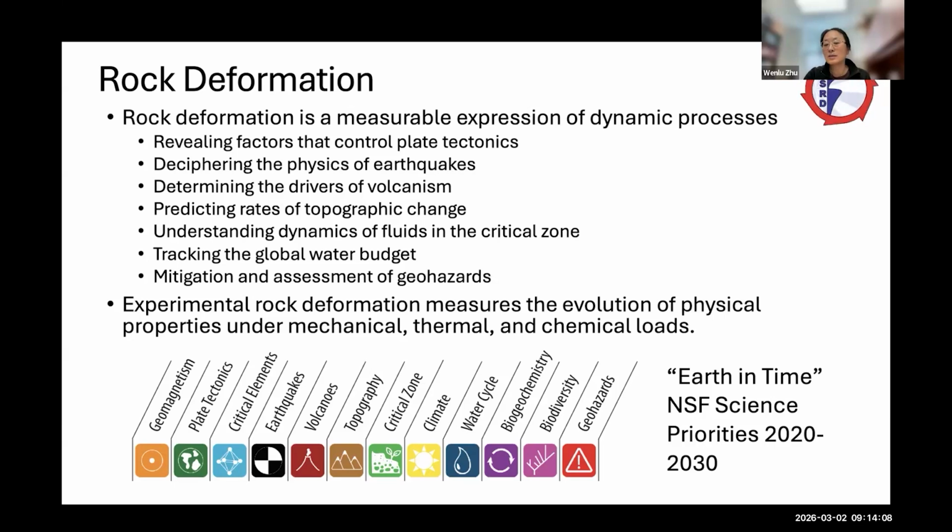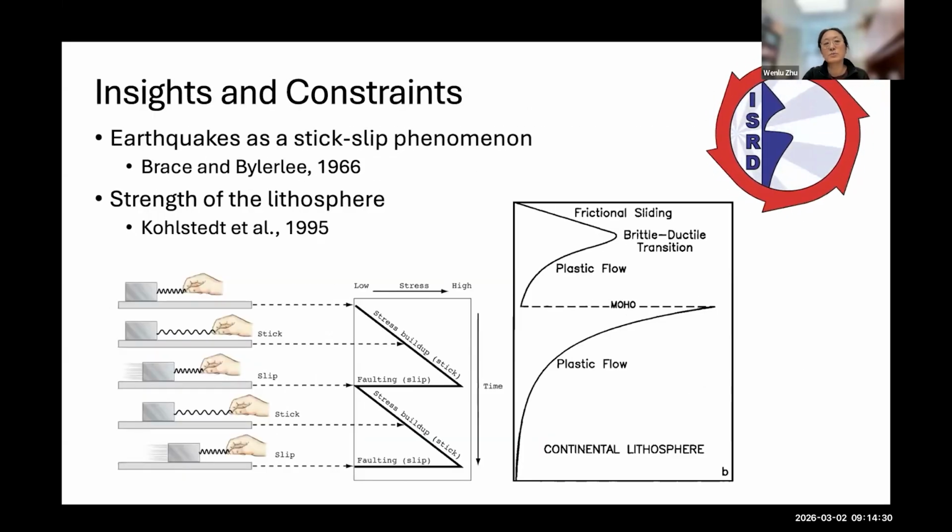With this understanding of the importance of studying rock deformation, researchers in this field use experimental tools to measure rock change under controlled conditions. That leads to insights and constraints, such as now we understand the physics of earthquakes is a stick-slip phenomenon.